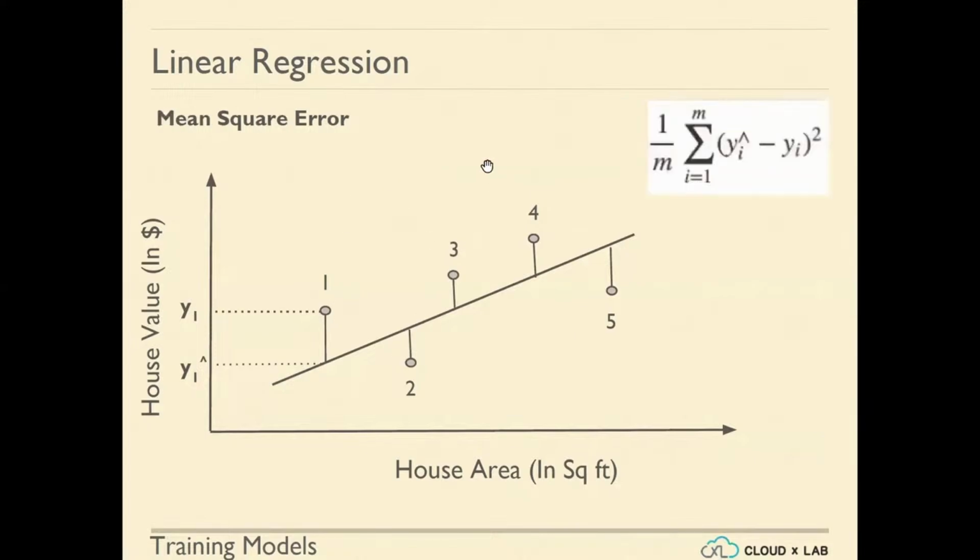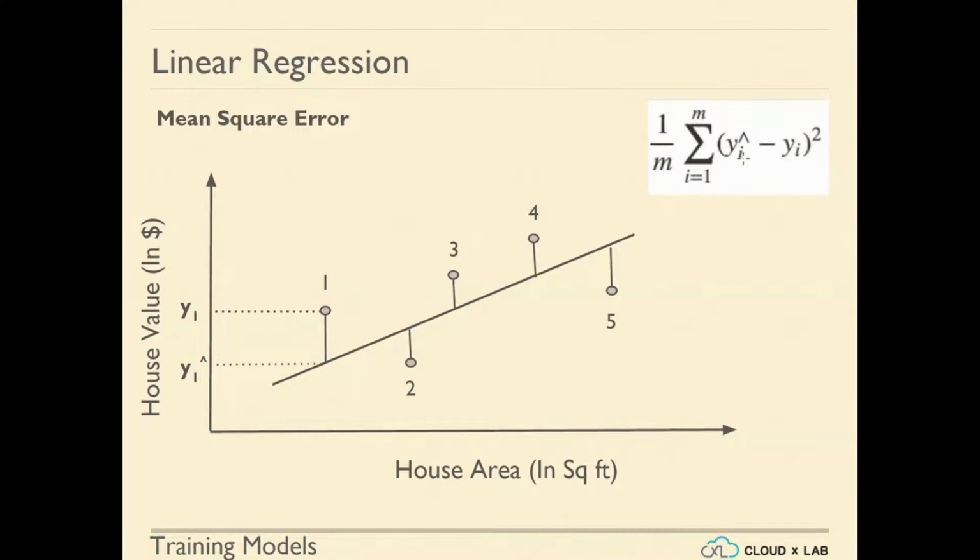Okay, so we will take the square error, and then we will calculate the mean value, the average square error, right? So yi hat minus yi is nothing but the error for the ith input, and we are squaring this term, then doing this summation, and finally taking the average.